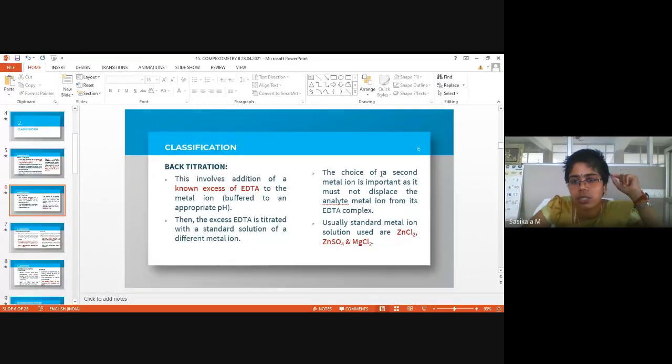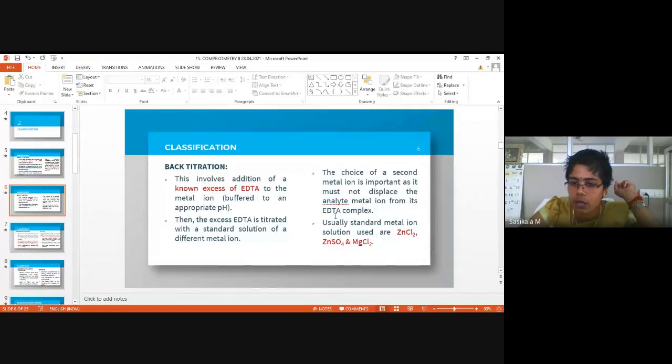So the choice of second metal is important, as it must not displace the analyte metal ion. We have to choose the second metal ion such that it should not displace the metal of your analyte complex with EDTA. It should not displace that complex. Likewise, we need to choose the metal of the standard solution. Usually the second metal used is zinc chloride, zinc sulfate or magnesium chloride.